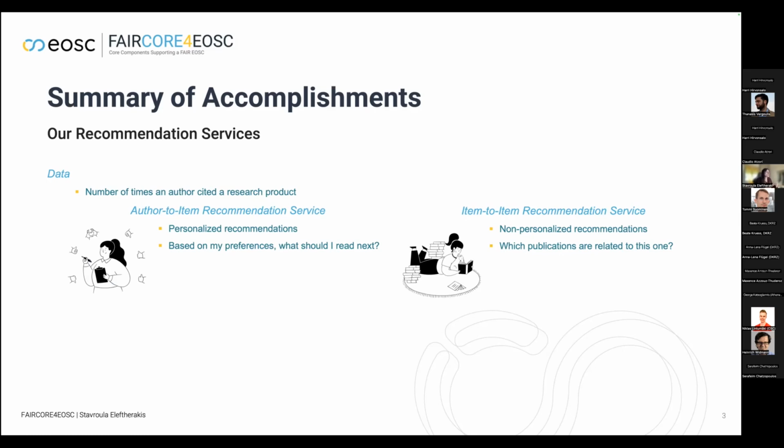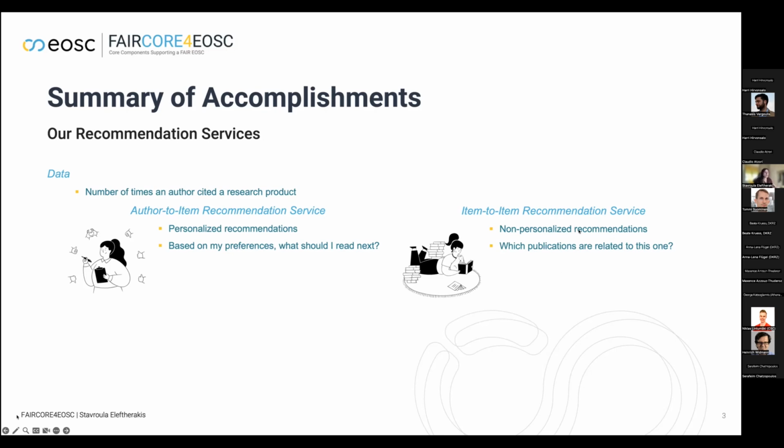The first one, the author to item recommendation service, is for offering personalized recommendations to authors. So essentially, given your history of citations, we utilize it to give you recommendations and answer this question based on your preferences, what should you read next?